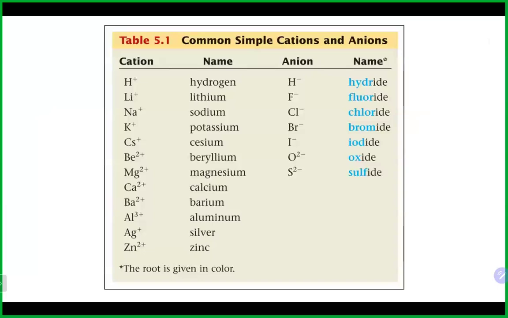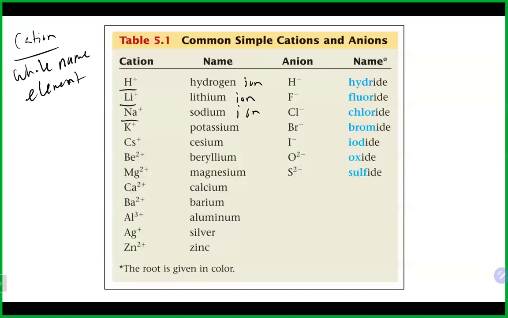So when we have ions by themselves, the way we go about naming them is, if it is a positive ion, a cation, we simply use the whole name of the element. So H+ would be the hydrogen ion, Li+ would be the lithium ion, Na+ the sodium ion, the calcium ion, and so forth.